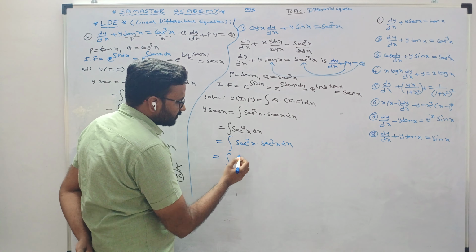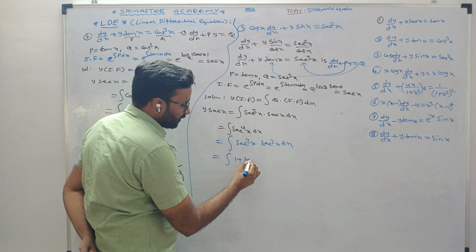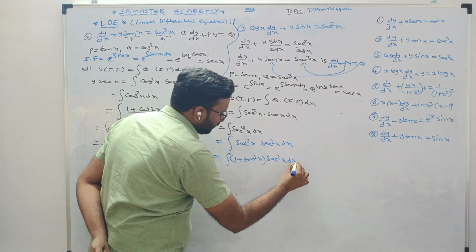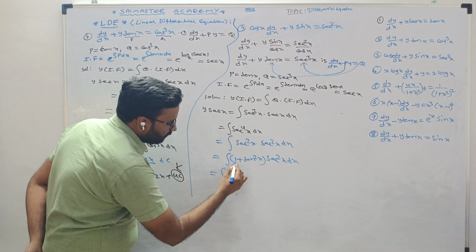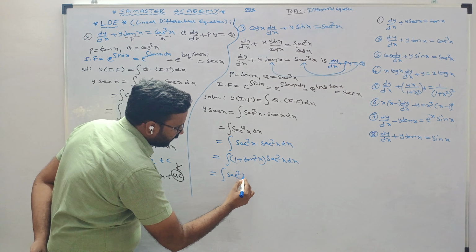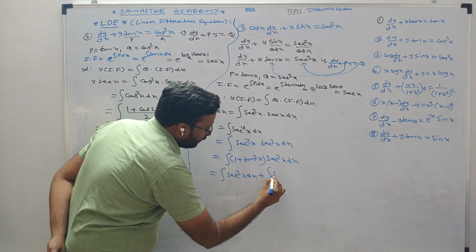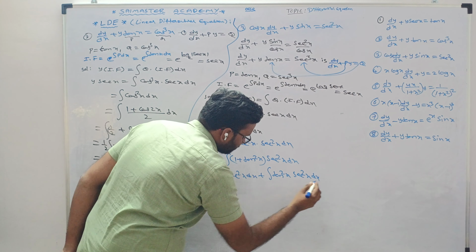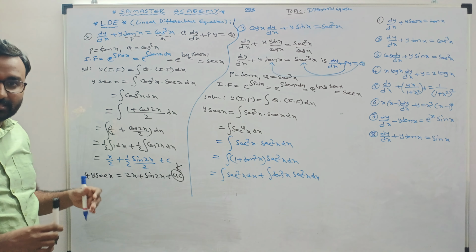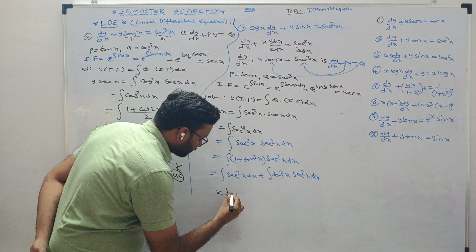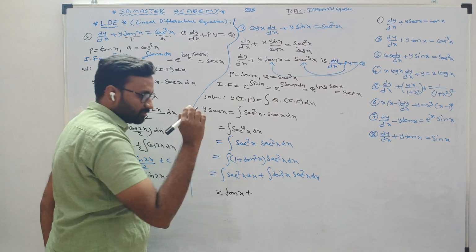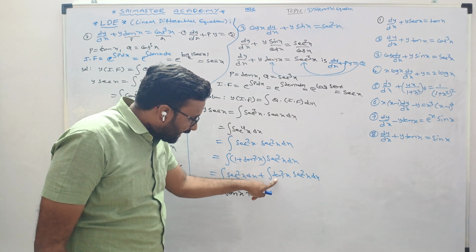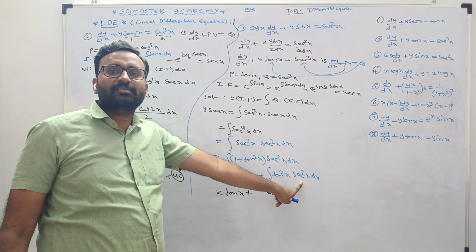I write secant square x as 1 plus tan square x, into secant square x dx. Multiplying secant square x with both, we get integral secant square x dx plus integral tan square x into secant square x dx. The first is a direct formula: integral secant square x is tan x. For the second, use substitution: if you take tan x as t, then secant square x dx is dt.